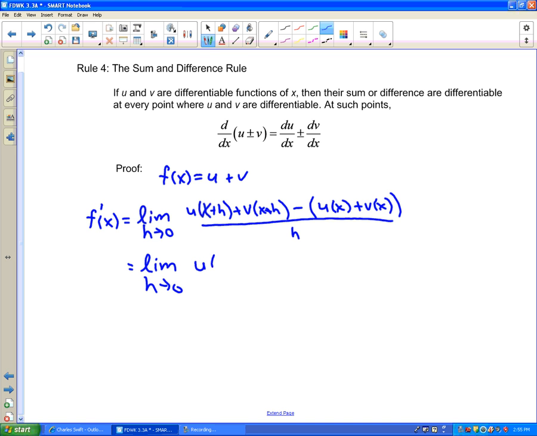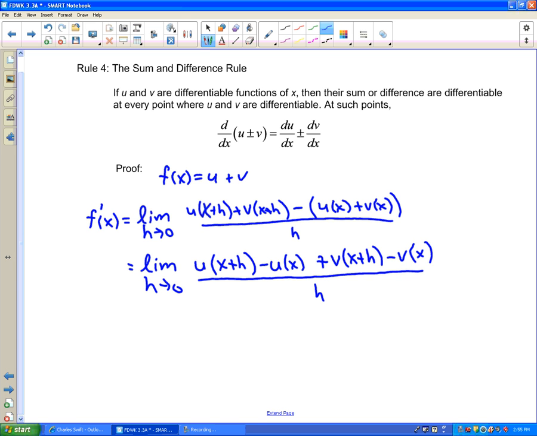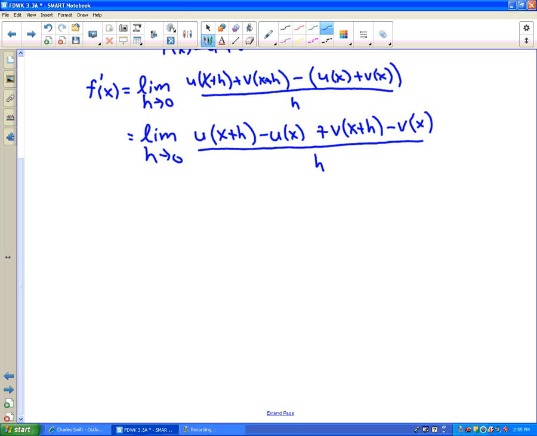If we distribute the negative in the back and rearrange some terms, bring the minus u of x here, we have v of x plus h minus v of x all over h. With our properties of limits, we can extend this into two parts.